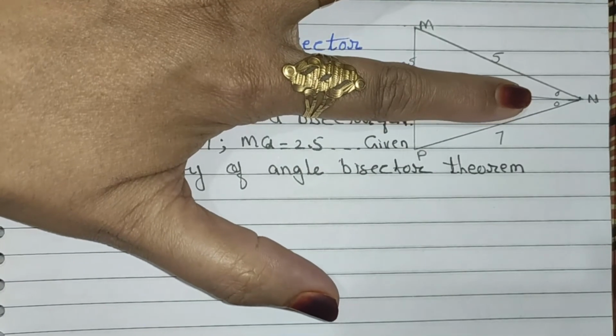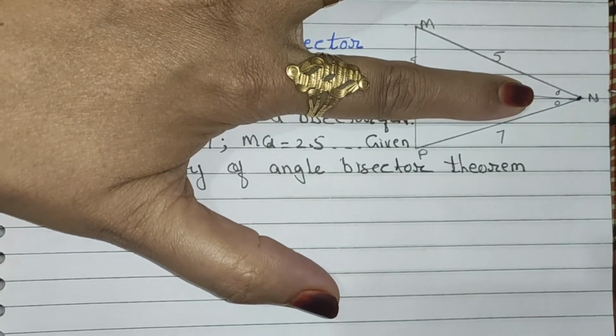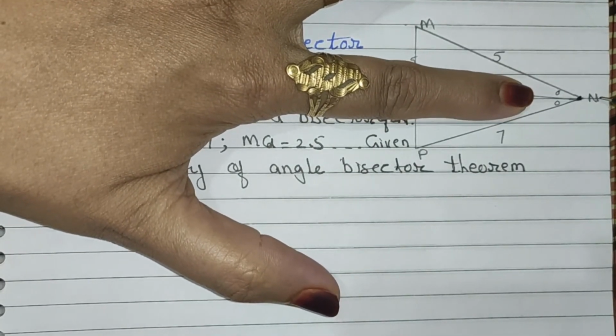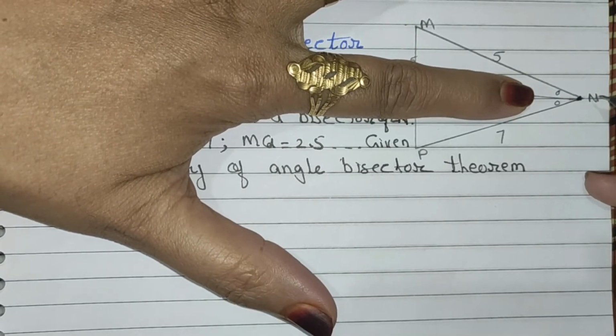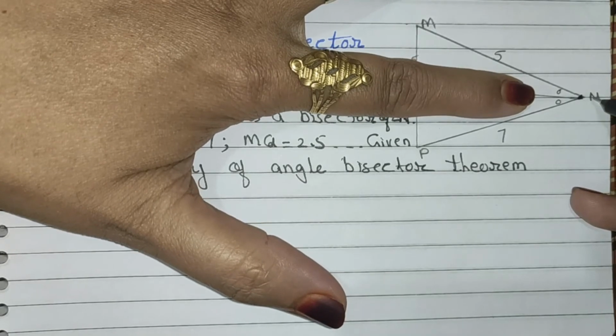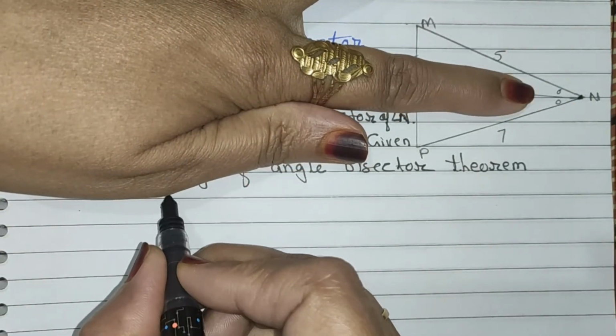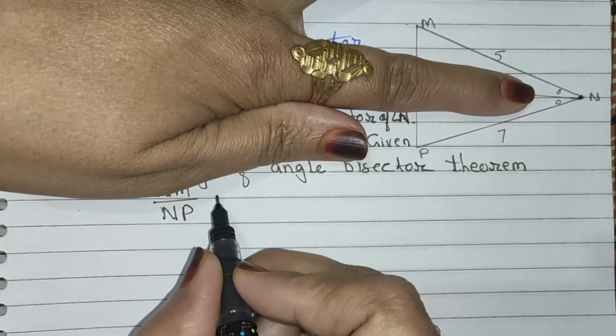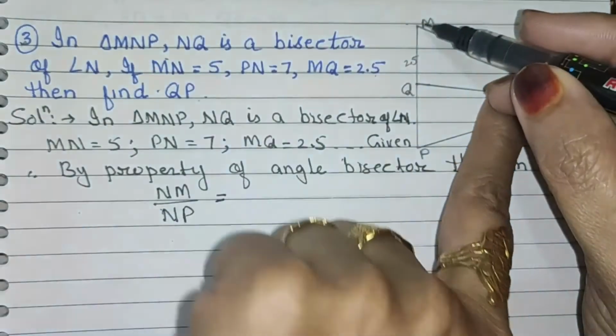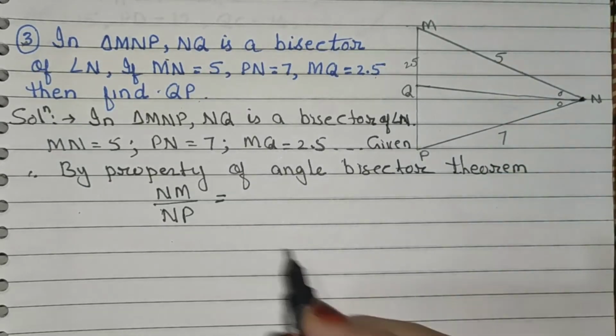now look at the figure here. Angle is at point N. Therefore, we can write ratio here NM upon NP is equal to MQ upon PQ.